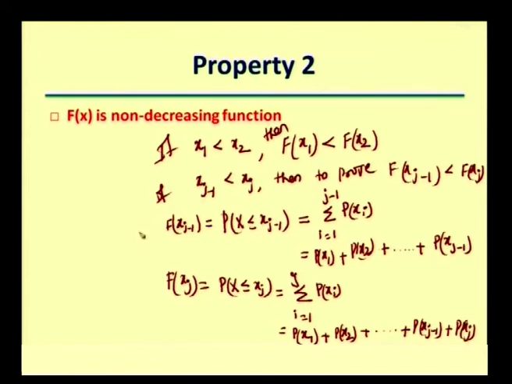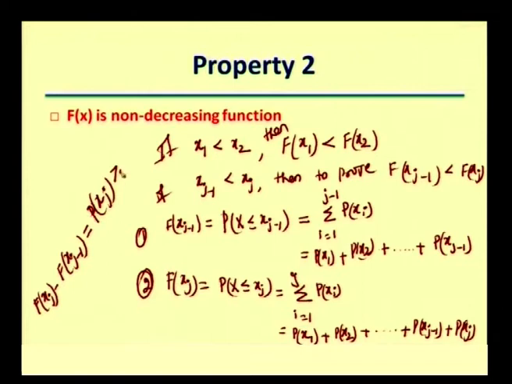Comparing these two, what do you have? F(x_j) minus F(x_{j-1}): when you subtract, P(x1) minus P(x1) gets cancelled and P(x2) minus P(x2) gets cancelled, up to P(x_{j-1}), which also gets cancelled, and you have only P(x_j), the probability of the sample point x_j.